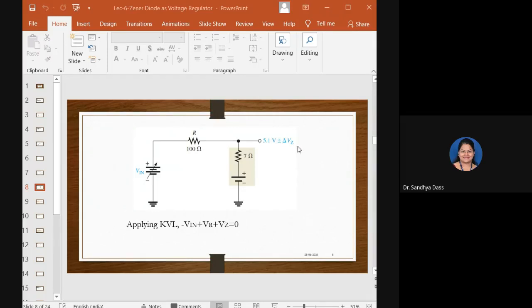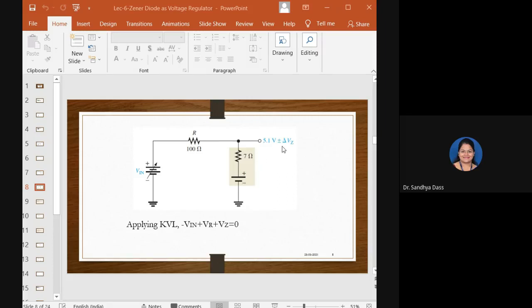Please note down: the difference in the current, that is Iz max minus Iz minimum, into Rz will be equal to this delta Vz. Are you with me? Now for the variation in V in, say for minimum and maximum, the current varies accordingly, and the output also will vary, right?